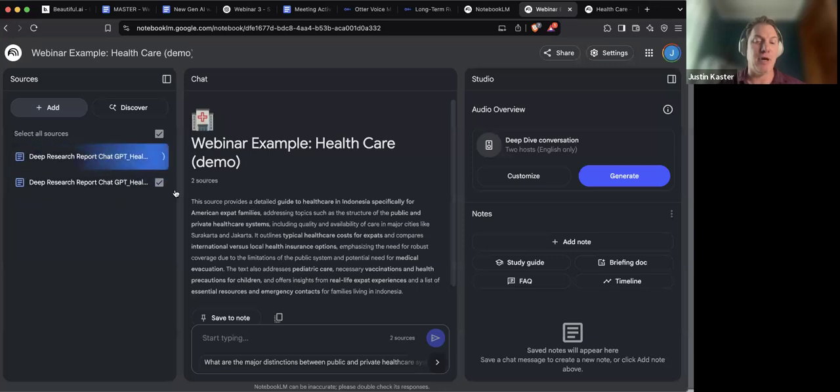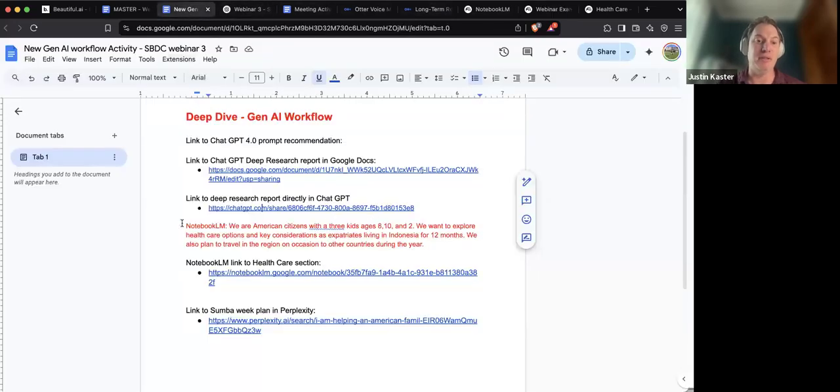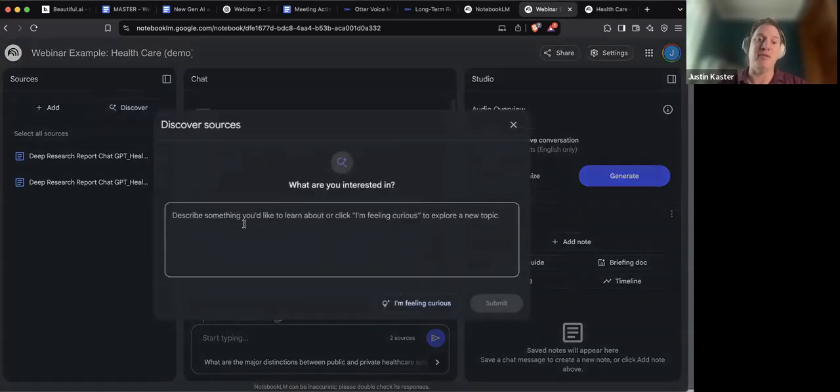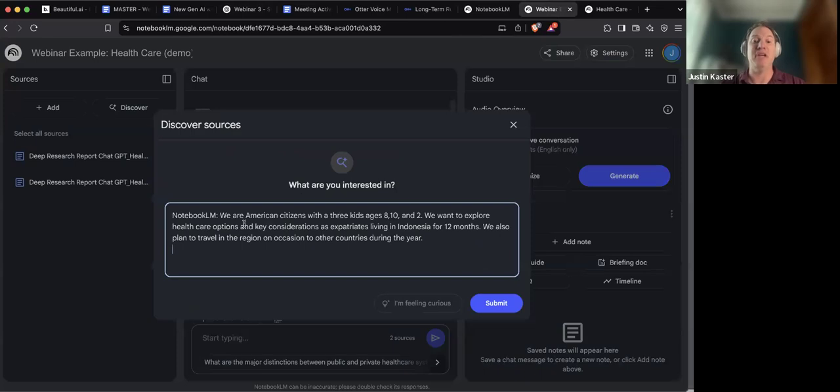And then I can discover other resources in this tool by just saying, hey, outside of this report, are there other things that will help me understand this topic? So I can hit discover, which is kind of like searching through Gemini, which is the background for this, which is Google's version of ChatGPT essentially.